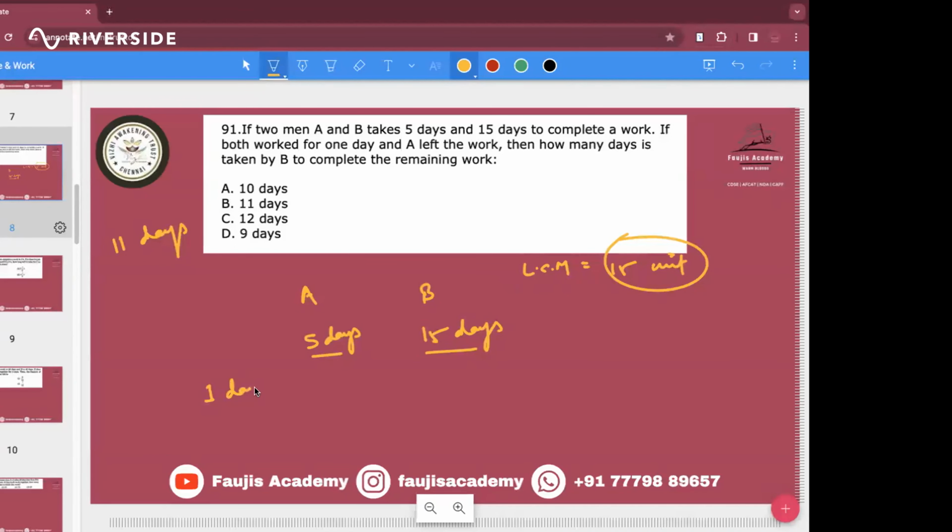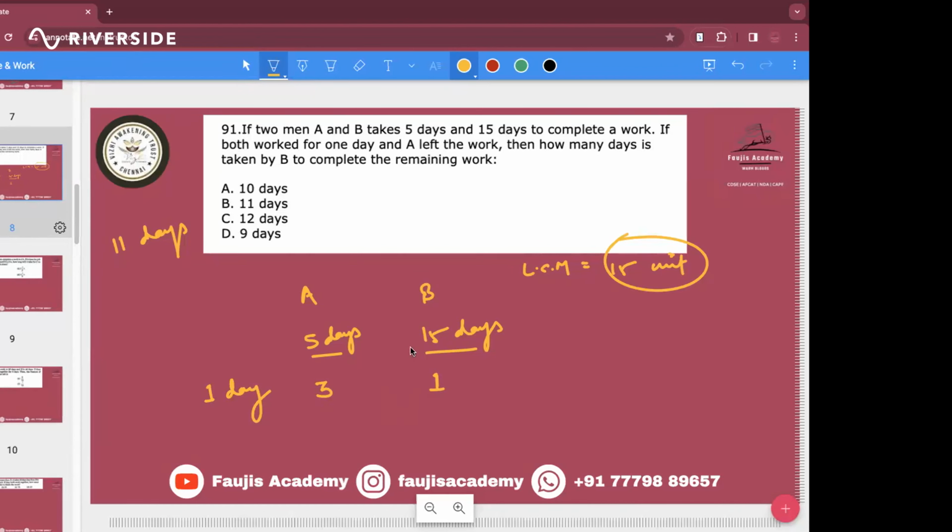In one day, since A is able to finish his work in 5 days itself, he must be doing 3 work. Sorry, 5 days, so 15 work; that means 3 units per day. And B takes 15 days to complete, so B will do 1 unit of work.